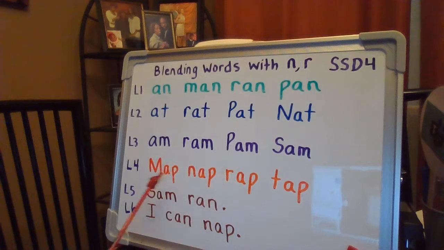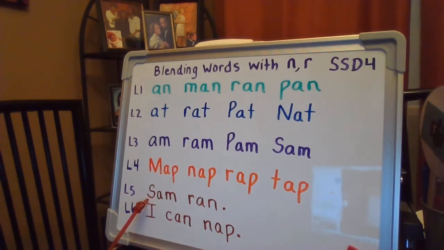Did you notice how when I read the r and the n and the p, those are called continuous sounds, whereas the t is a stop sound. T, app, tap. Okay.